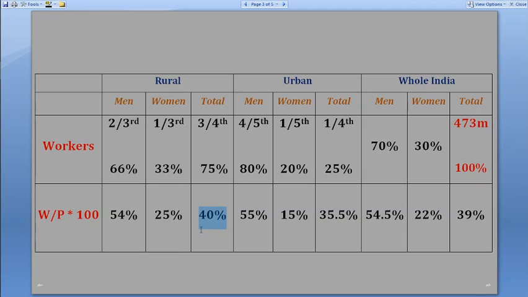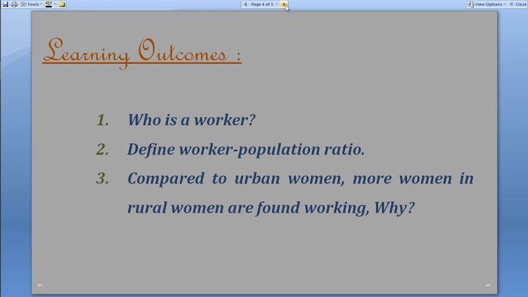If you further divide this into male and female, you'll find 54 male in whole of India, 54 in rural, 55 in urban. In the case of women, 22 overall, you'll find 25 women in rural, only 15 in urban areas. That's what we've learned: the participation of men and women residing in rural and urban India. Okay, so you have learned now.